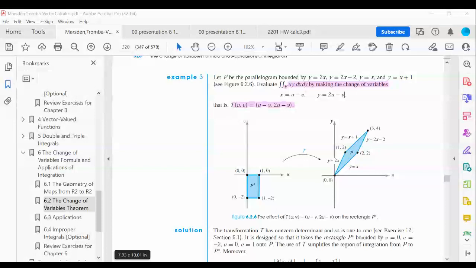Oh, in P star you're given the vertices, but in P you're not. No, in P you do have vertices, both have vertices. What's the difference? You integrate something over those two regions. What are the differences between those two regions? One is stretched.